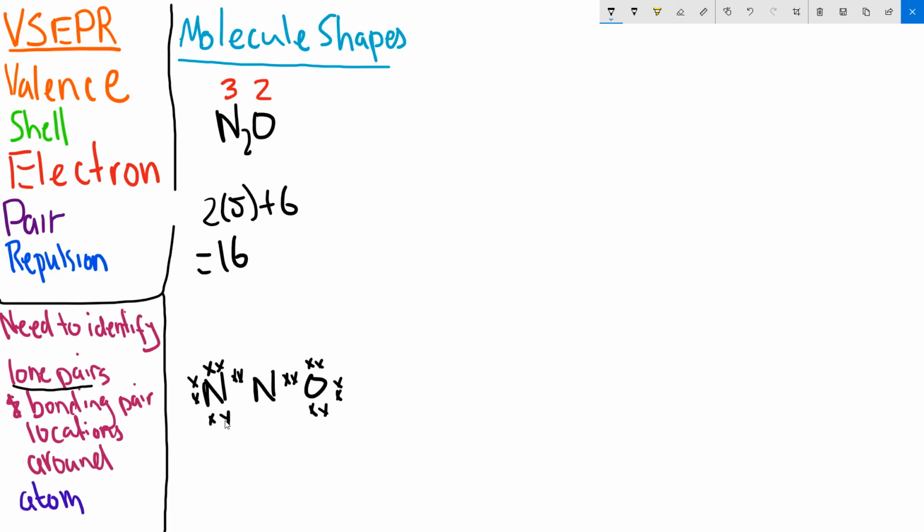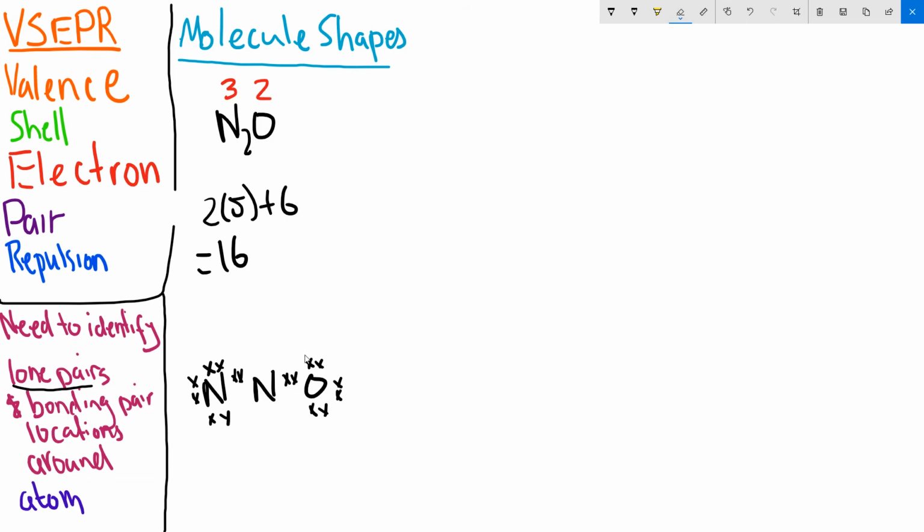At the moment I have used 2, 4, 6, 8, 2, 4, 6, 8, so 16 electrons in total. Now, what I need to do is move a pair of electrons so that the central nitrogen has 8 electrons.